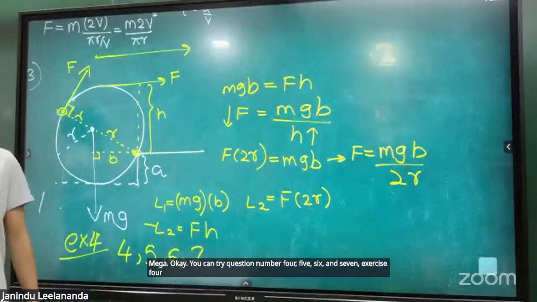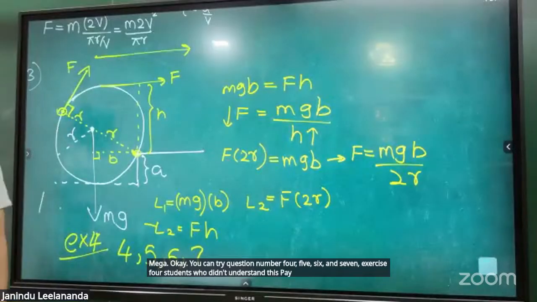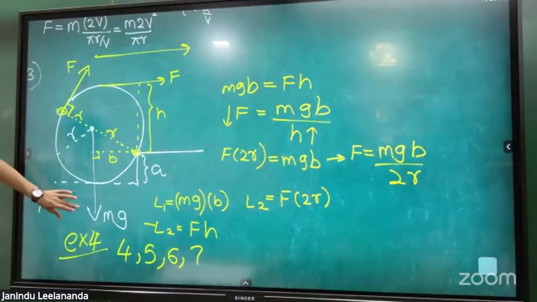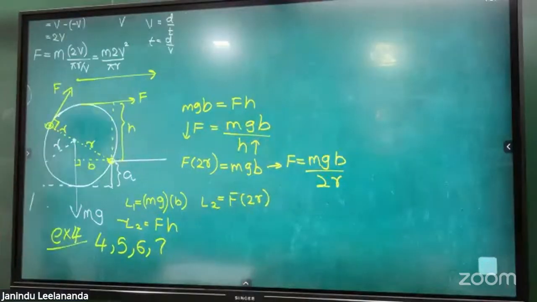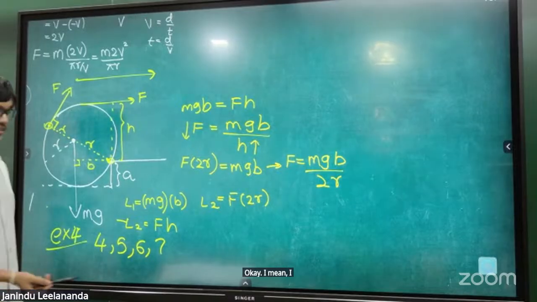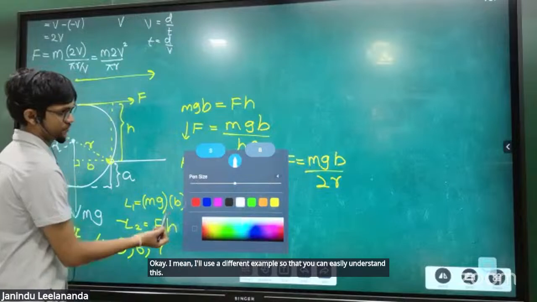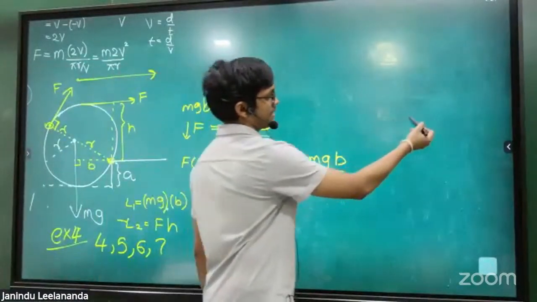Students who didn't understand this, pay attention. Again, okay. I'll use a different example so that you can easily understand this. There's a hinge like this.